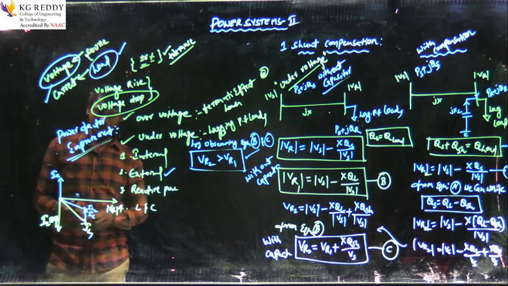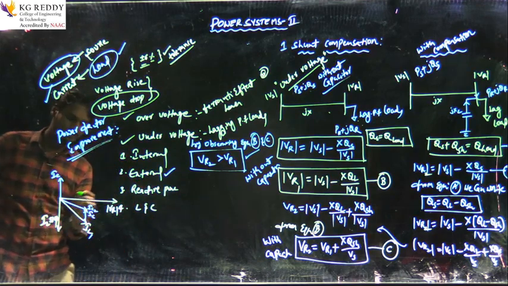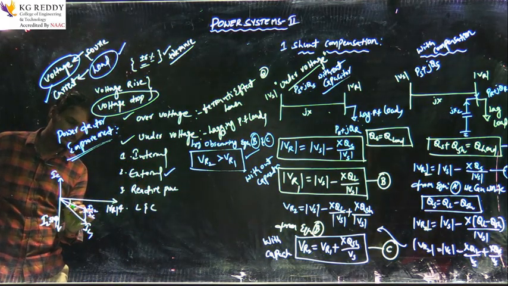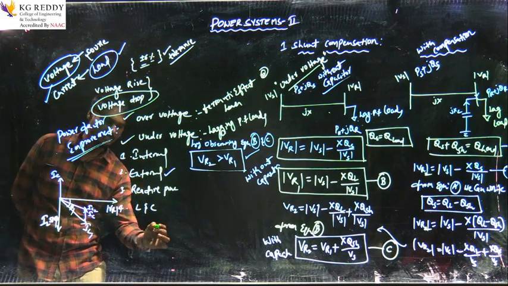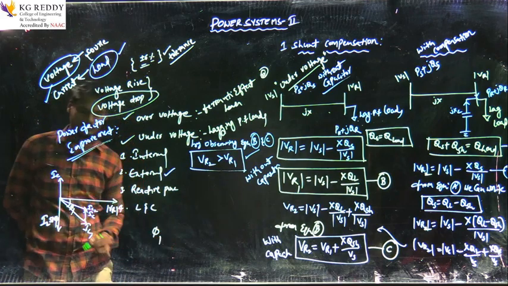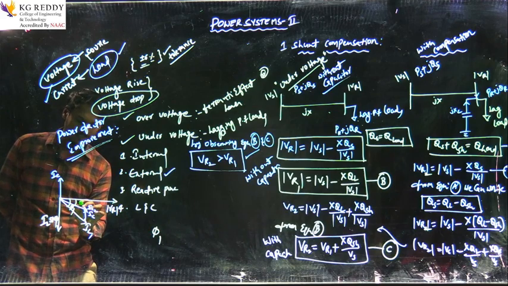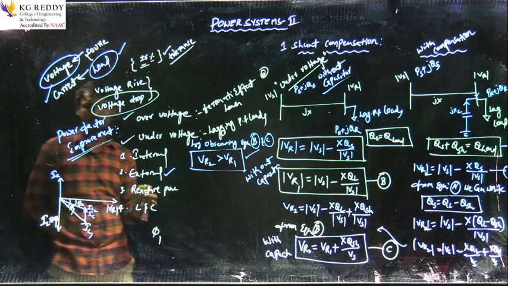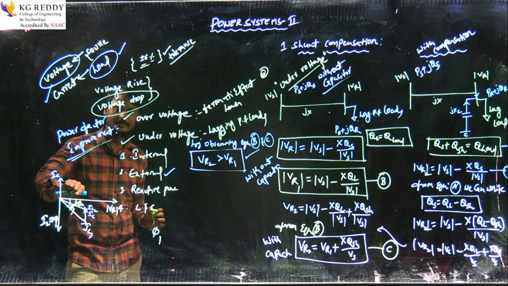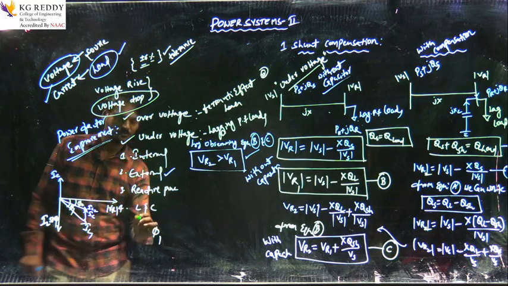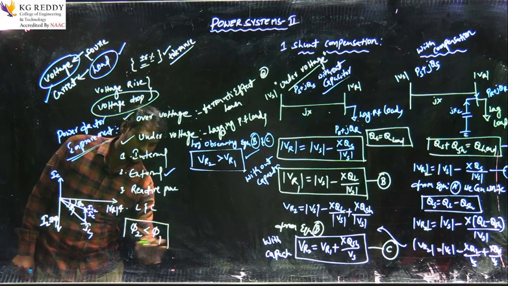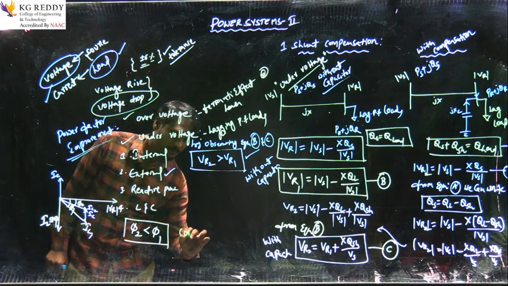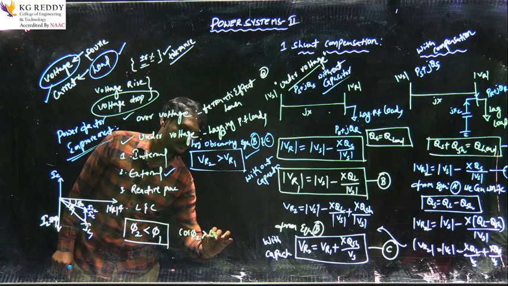Now, you can observe here, initially the power factor angle phi 1 is large, right? Now when the capacitor is kept in parallel with the load, the power factor angle decreases. So, from this we can conclude that the power factor also increases.